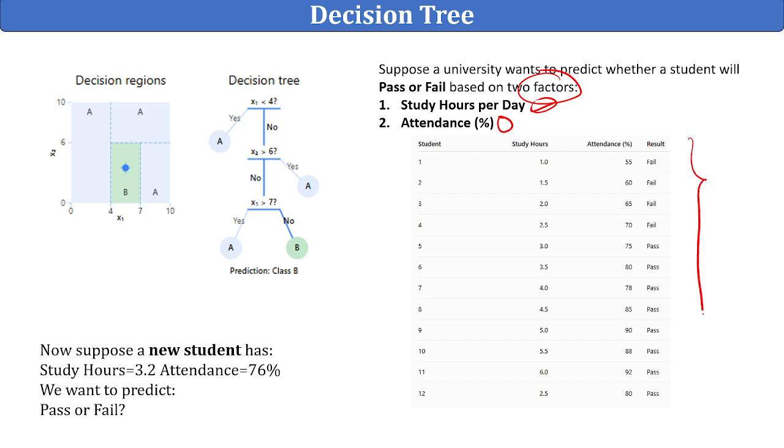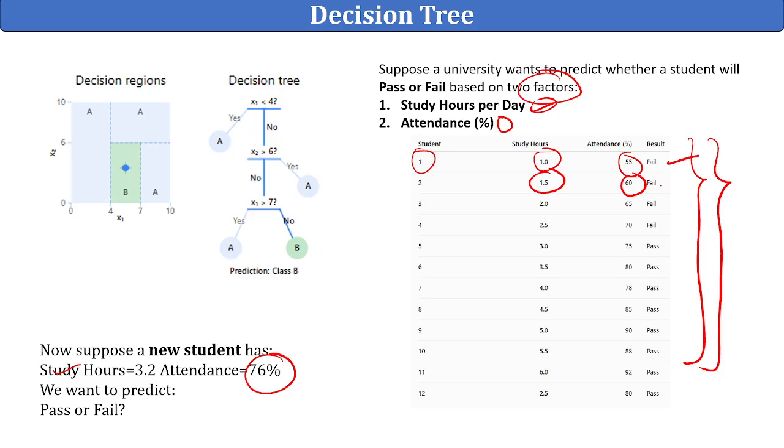We'll take a new student with a study time of 3.2 hours and attendance of 76%, and we have some data set from previous students. First student studied for 1 hour with attendance of 55%, and failed. Second student, 1.5 hours, 60% attendance, failed. Again, 2 hours, 65%, failed. 2.5, 70, failed. Similarly, we have a total of 12 data points.